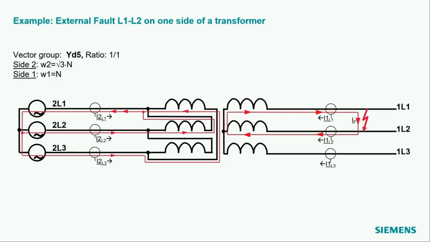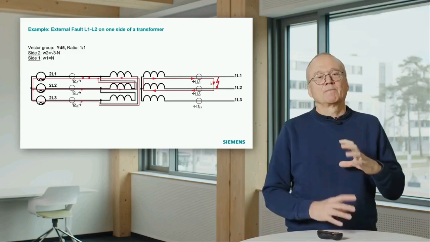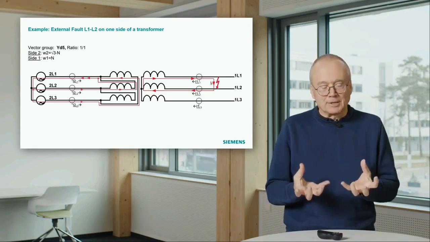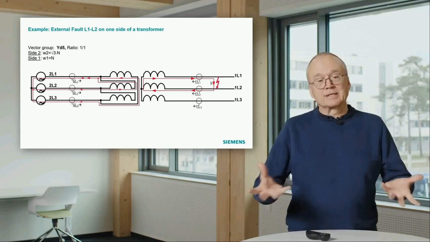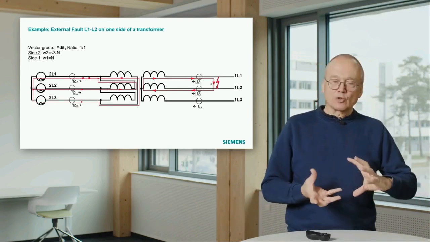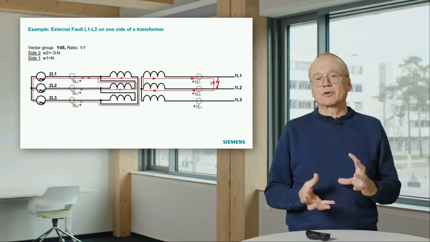On the delta side, the current transformers are installed at the terminal of the transformer, but they do not measure the current in the windings. And that has to be compensated by the algorithms. And to do that, some matrix operations with the measured values are required.